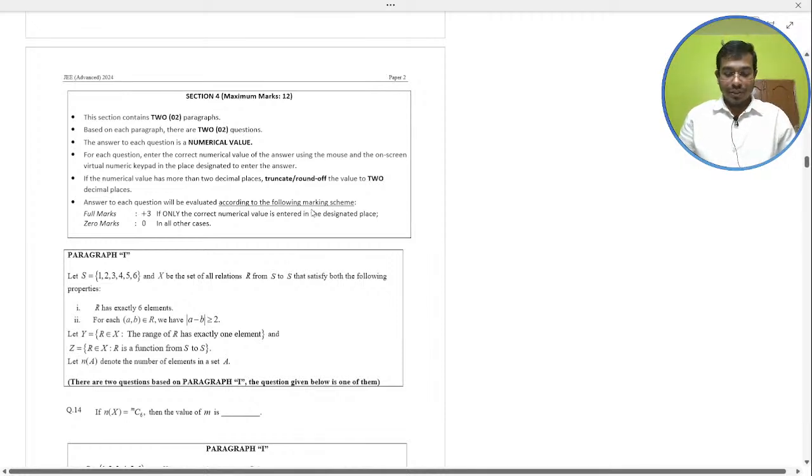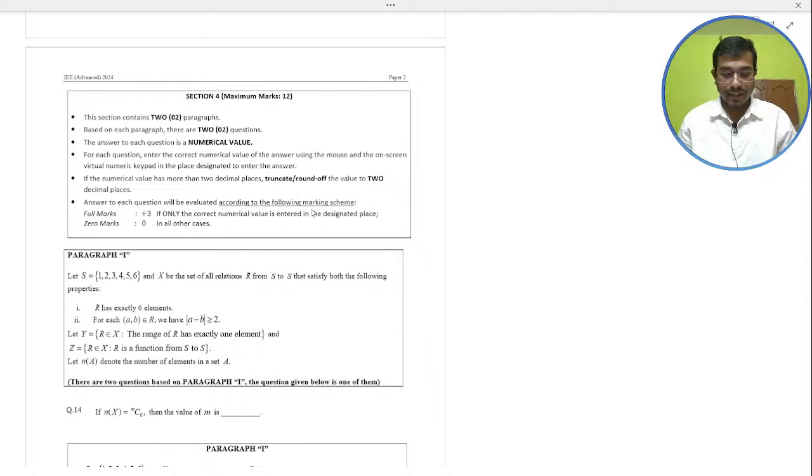Paragraph type question, and you have to write the numerical value of the answers. Paragraph 2 first question.